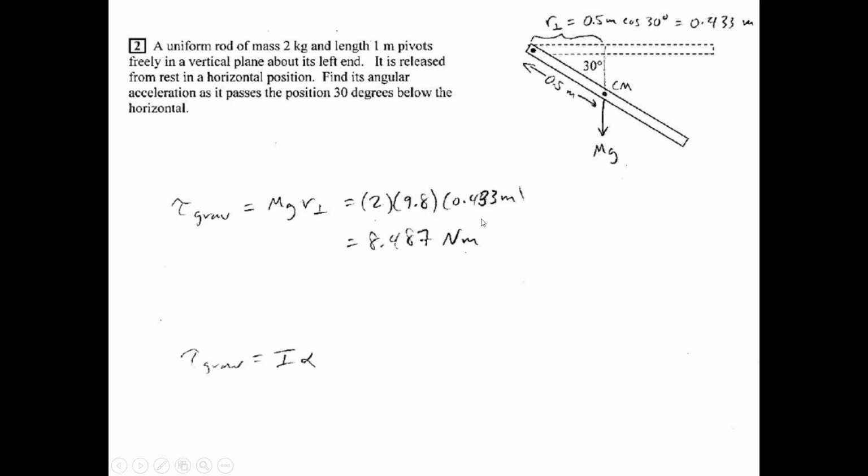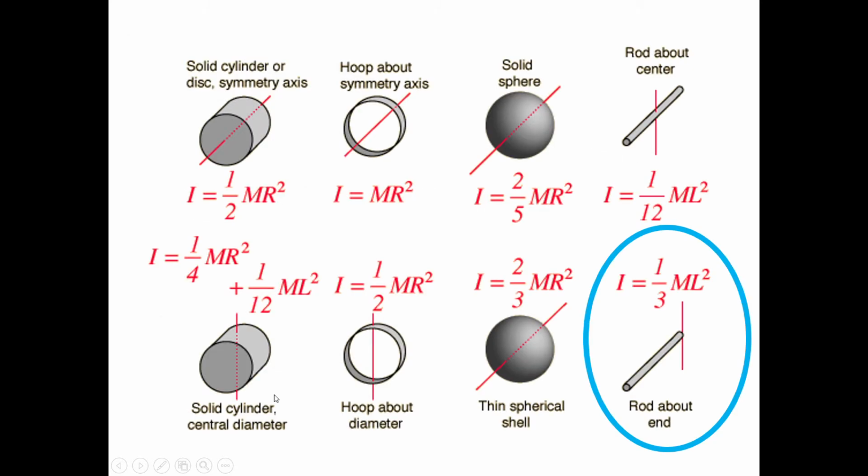Then, once I've found the gravitational torque, it's the net torque on the object. There are no other forces exerting torques on it. And therefore, that net torque, which is just the gravitational torque, is equal to I times alpha. And if I put in the moment of inertia for a rod pivoted about one end, I believe that's 1/3 ml squared. Here it is in our table there.